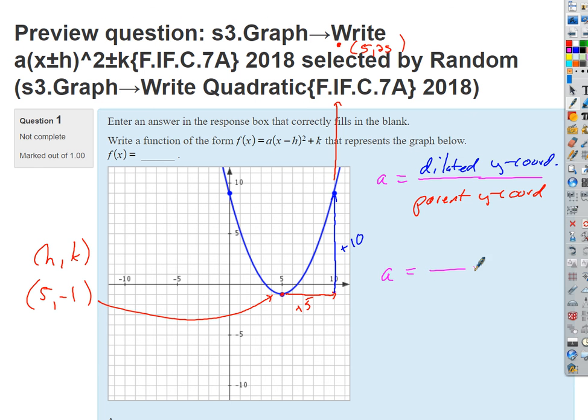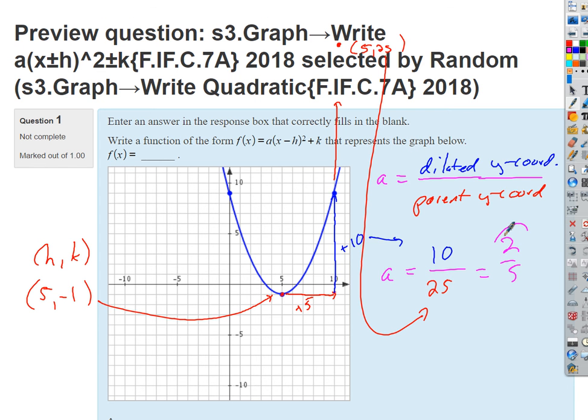So we can figure it out just by using that ratio, can't we? So A equals 10 over 25. What does that reduce to? 2/5. So there's A, right?